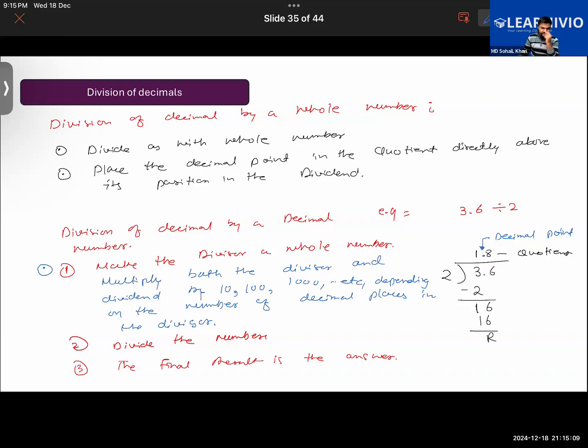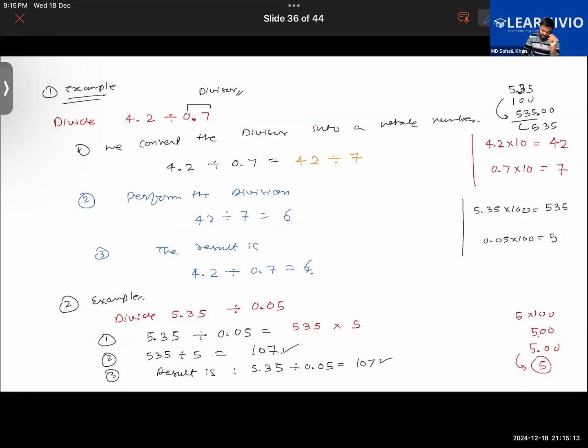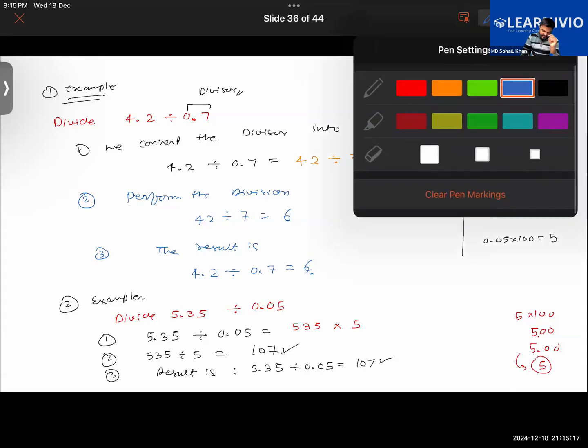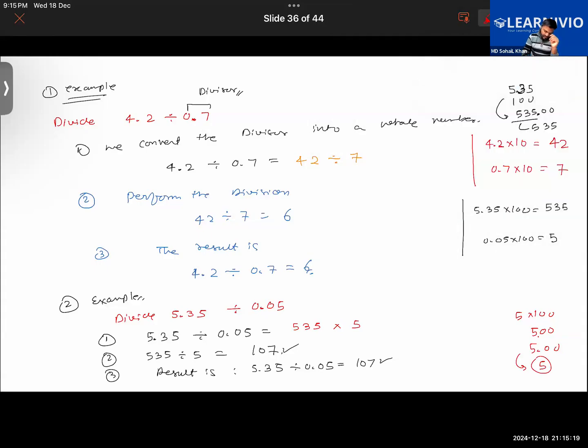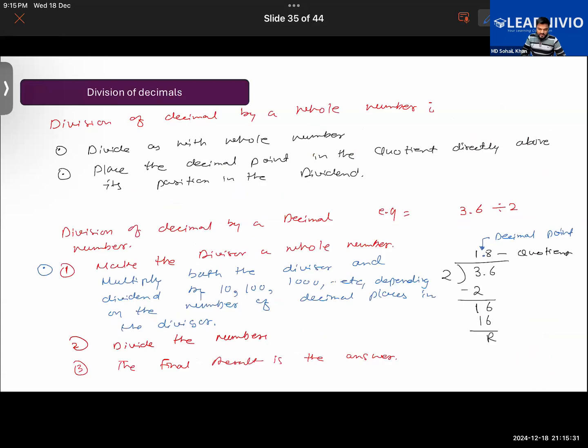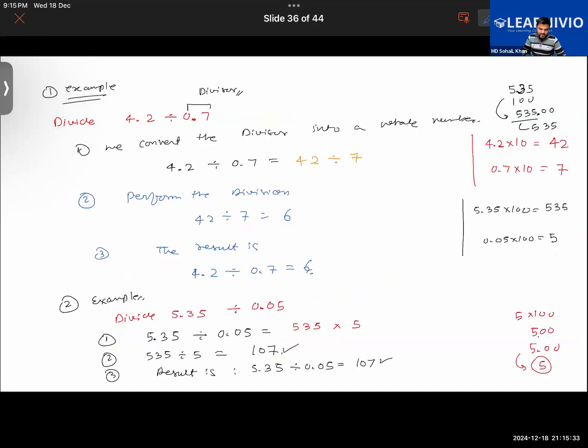Yes, Habib. Done? Good. You can just write the above example. Just write one of the examples only. I wrote the first example. You have written division by a whole number, that's a good thing. You have to write down this one, but you have to write down another example also.